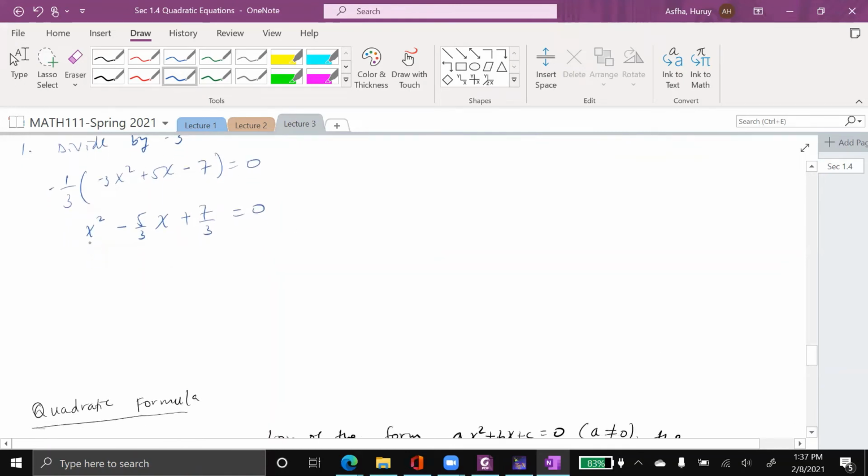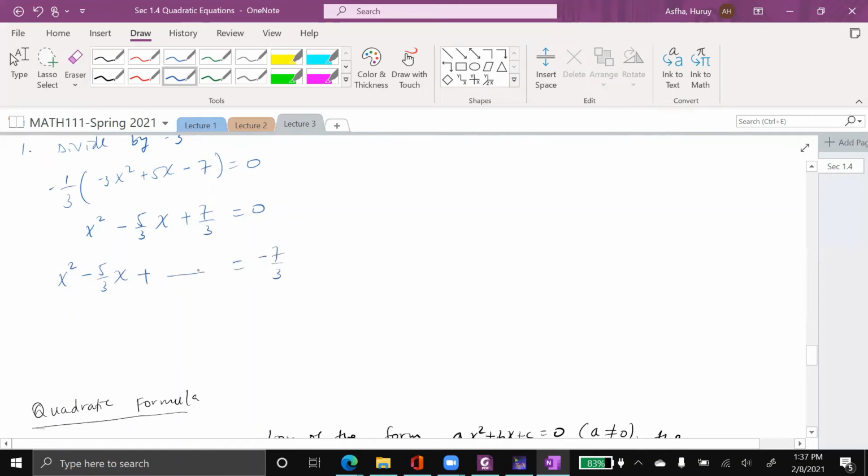And now we have this one. After this, what we do is we move this one to the right side so that we have x squared minus 5 over 3x plus some number here equals negative 7 over 3.